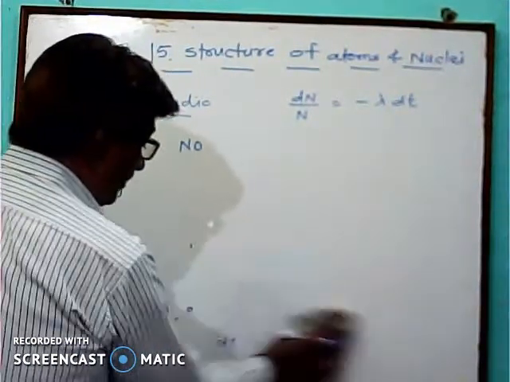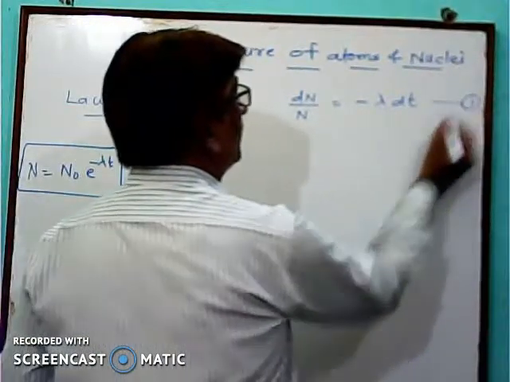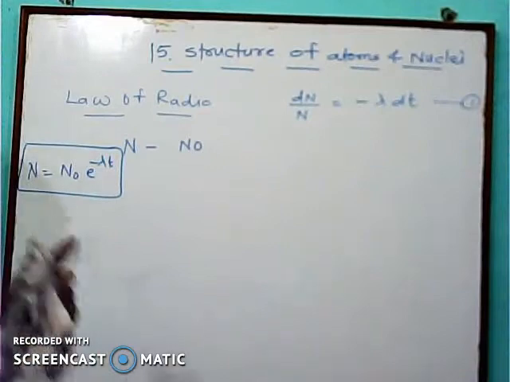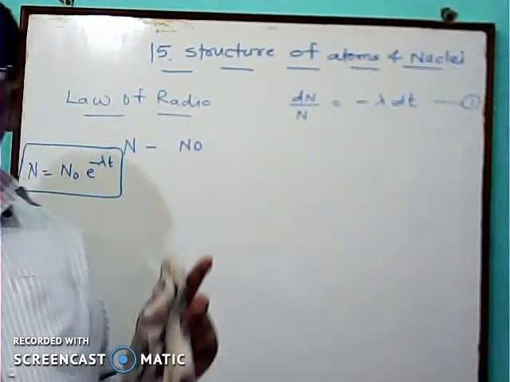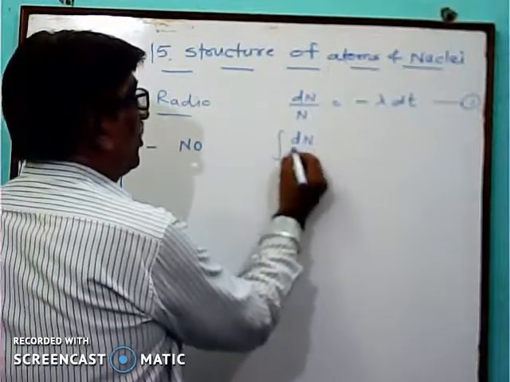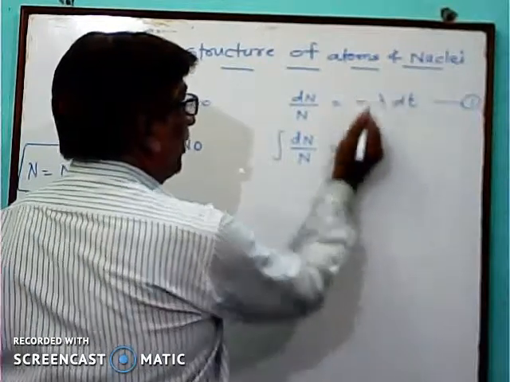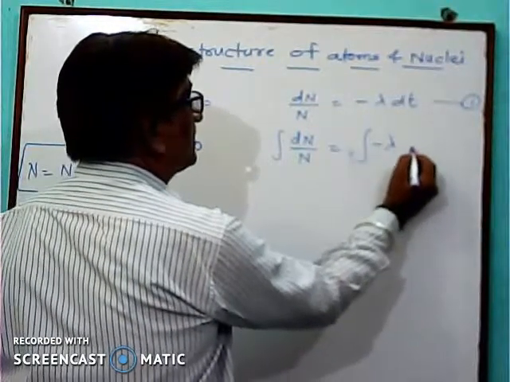Take integration on both sides of equation 1. Integration of dN upon N is equal to integration of minus lambda dt.